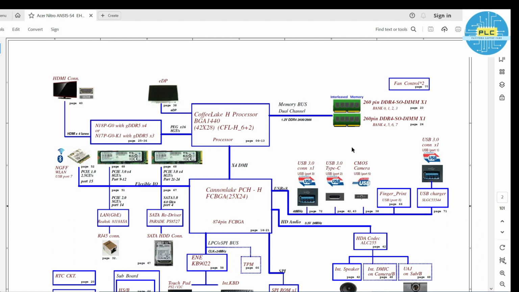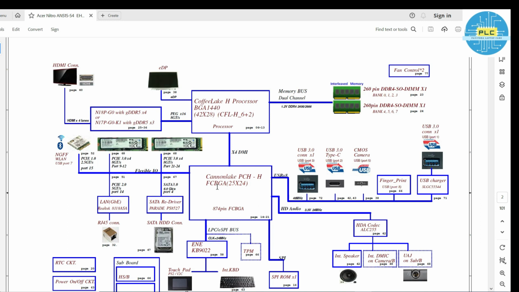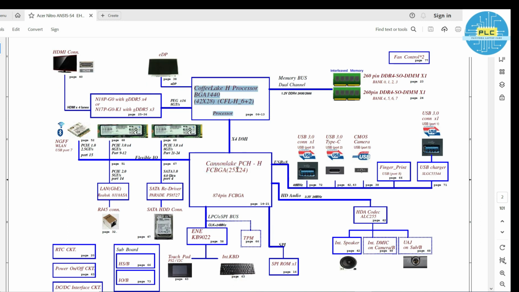It's not directly connected to the SSD or HDD or USB. The only things connected to the processor are RAM, EDP, HDMI, and also the PCH. This is the PCH. This is the processor. The PCH loop is connected to this one, this one, this one, this one and here.